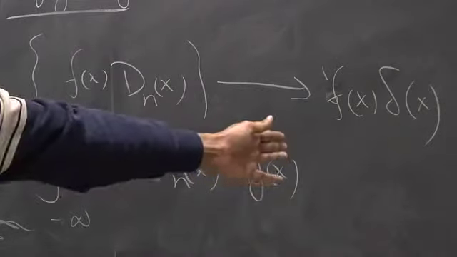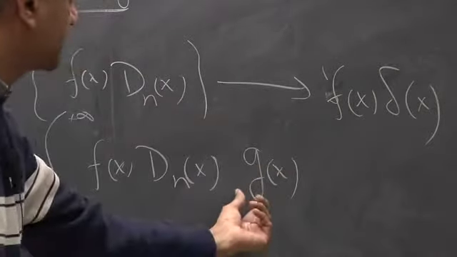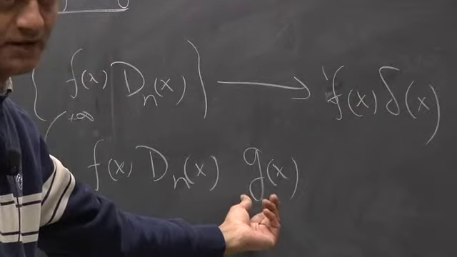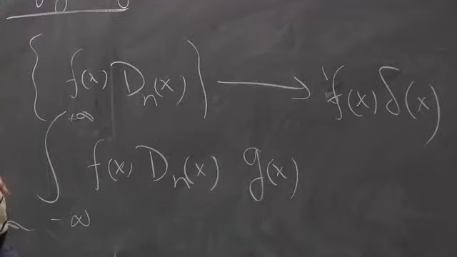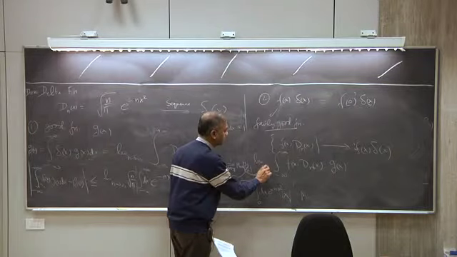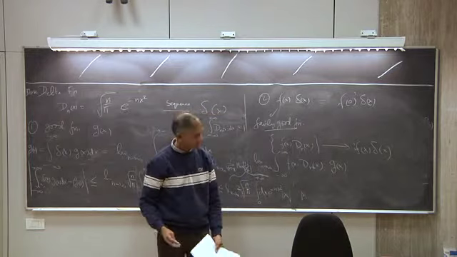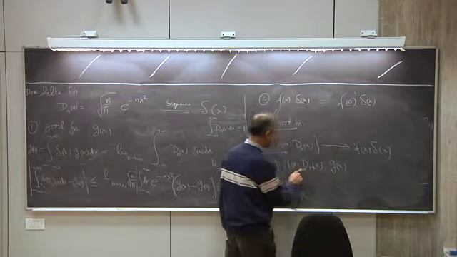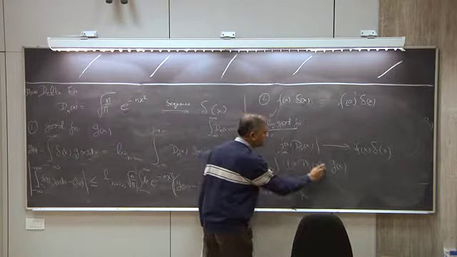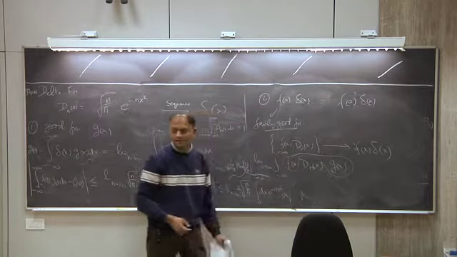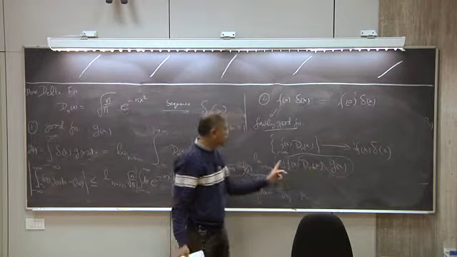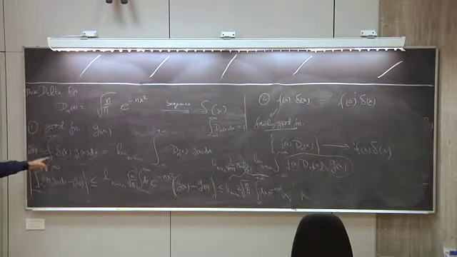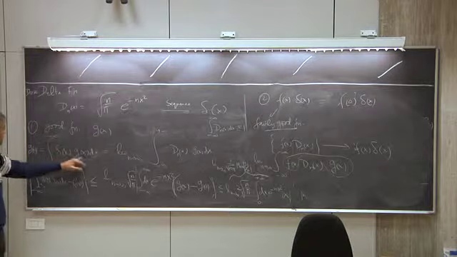What is this object? Well, to see this again, I take an arbitrary good function g of x and multiply this, and then see what the limit is as n goes to infinity. But that's the same as dnx multiplying this good function. After all, f of x times g of x is again a good function, right? But we have already shown that for any good function, this integral is simply that function evaluated at 0.